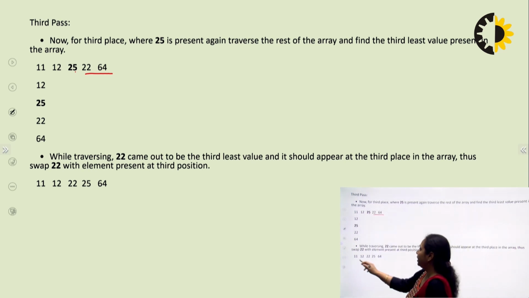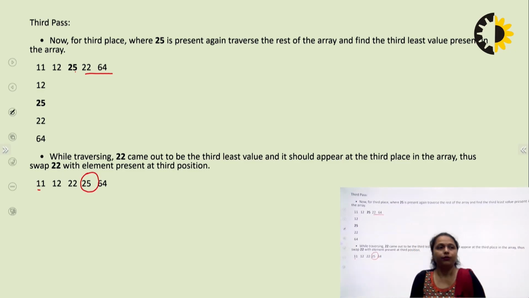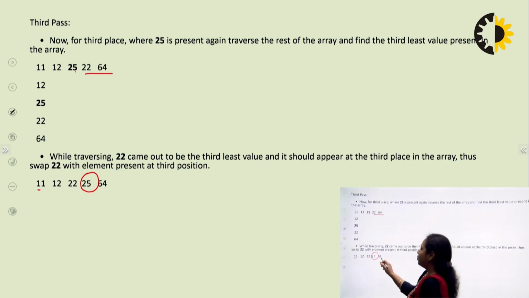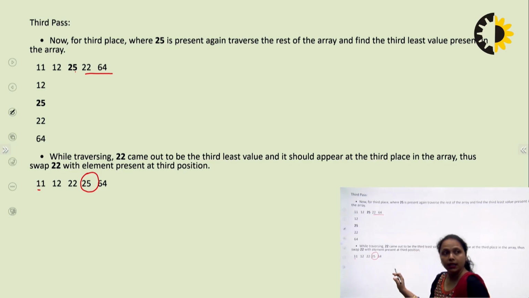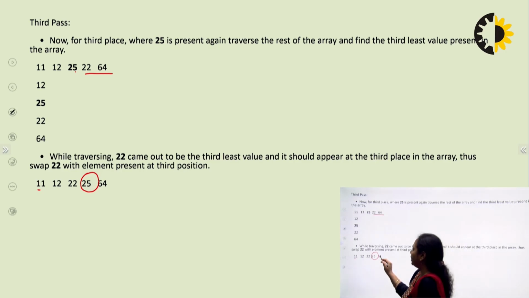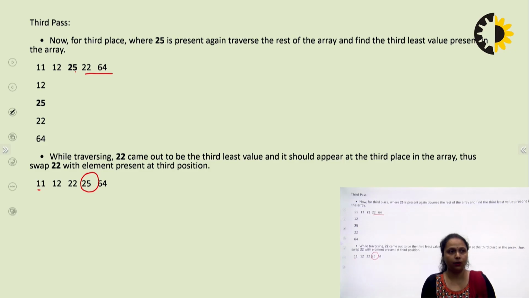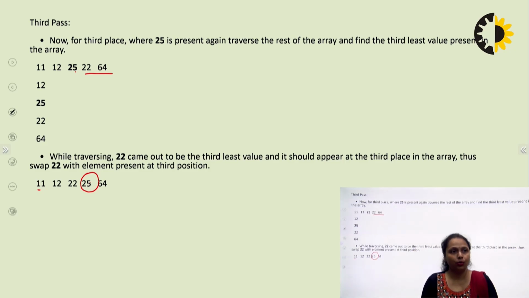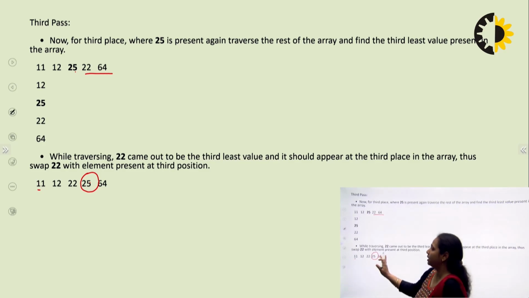So what will we get? We will get this list. Now again we take this 25, the fourth element, as the smallest one, and look for the minimum element in the list. Now we find that no smaller element is present in the list. So we do not swap anything in this step.